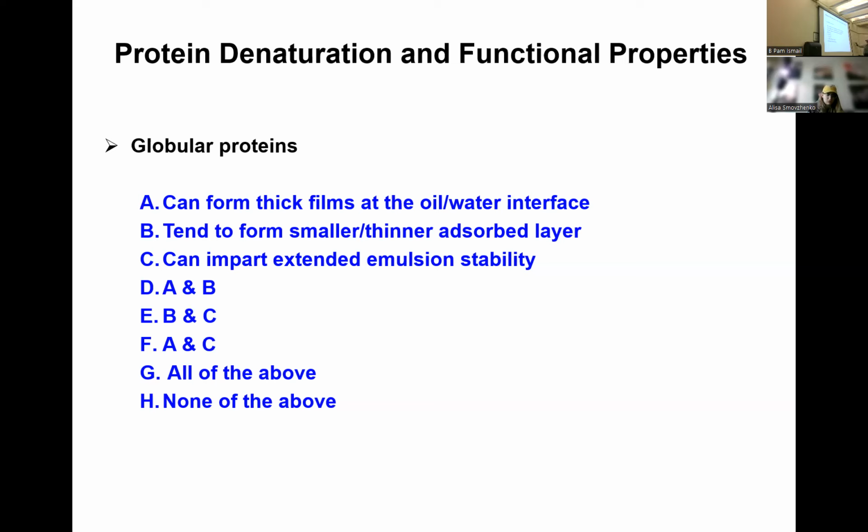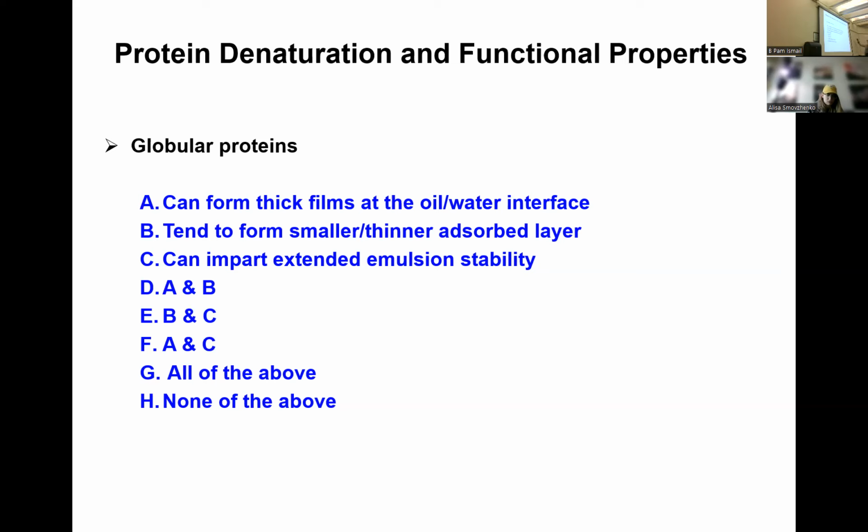So you want to think about proteins forming a film around your oil droplets. When you homogenize and disperse your oil, your proteins form this film around your oil droplet, so you will have more protein fitting around that oil droplet.